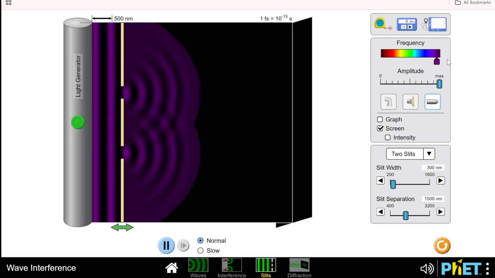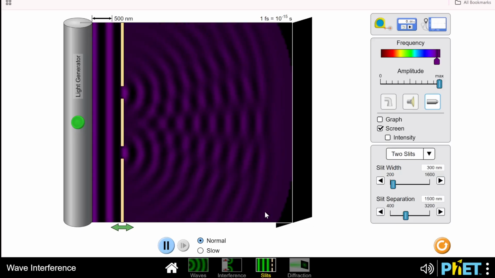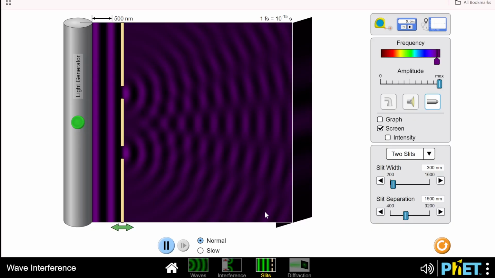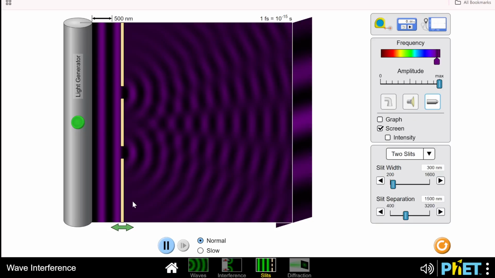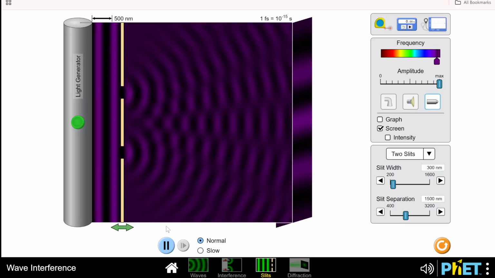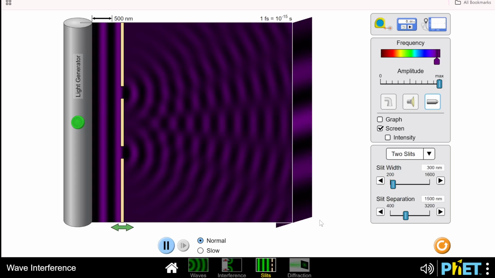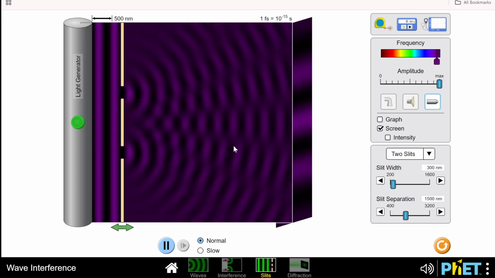So the fringe width would decrease now, and you'll see more fringes on the same screen, if I'm not changing capital D, which is the distance to the screen, and not changing the distance between the slits.